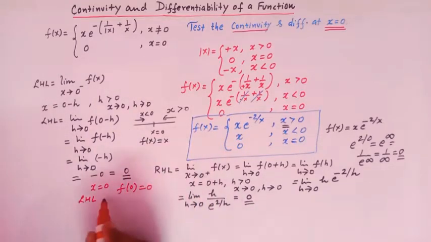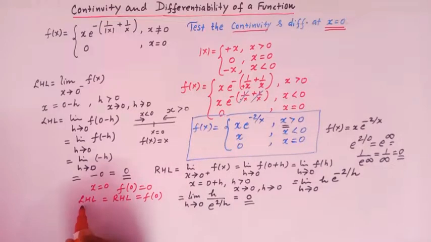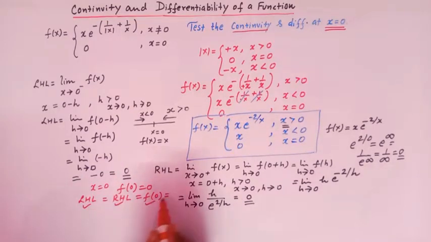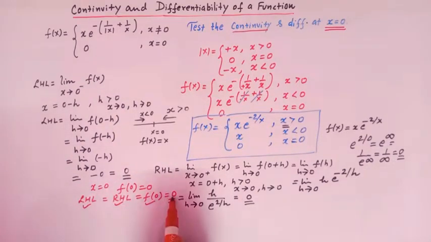The right hand limit exists and it is finite and it is 0, and f of 0 is also 0. So these three quantities are all equal and finite, and in this case all these three quantities are equal to 0. Thus we can say that this function is continuous at x equal to 0.